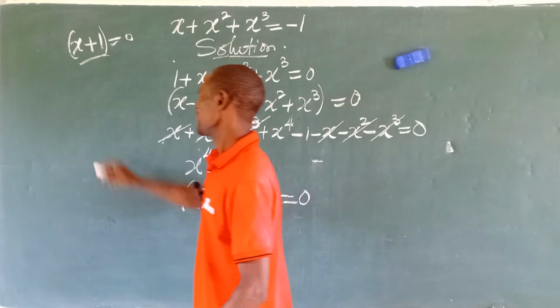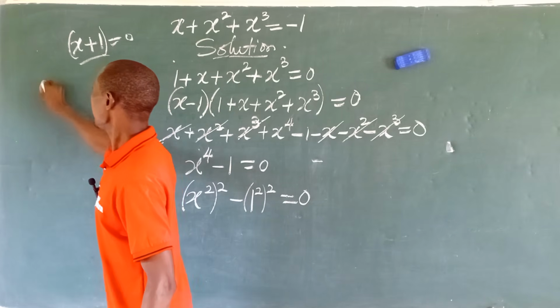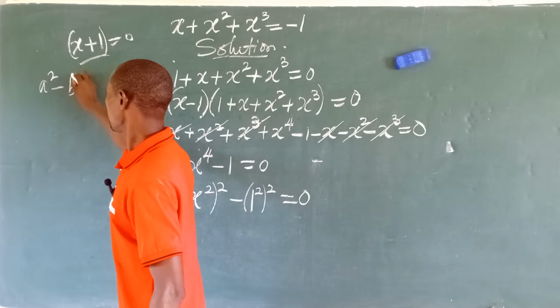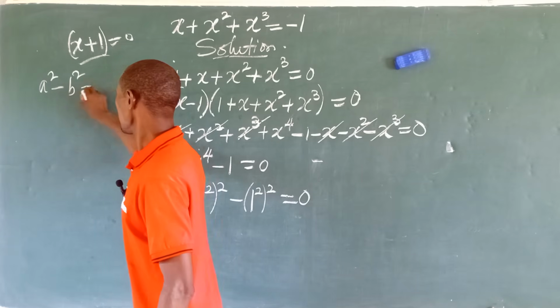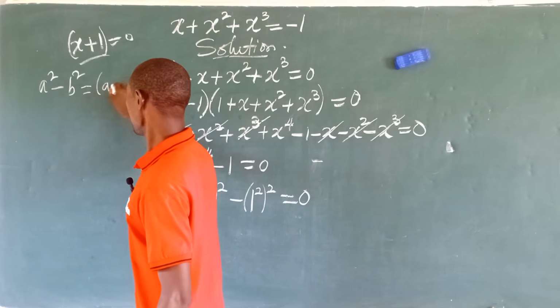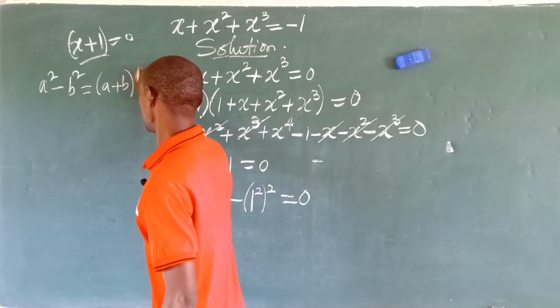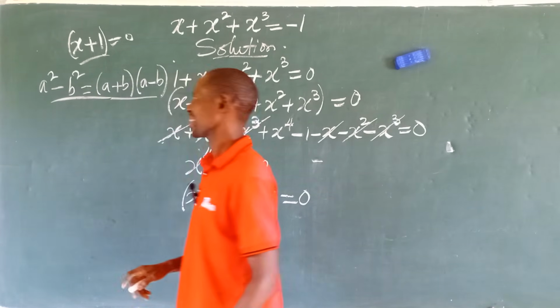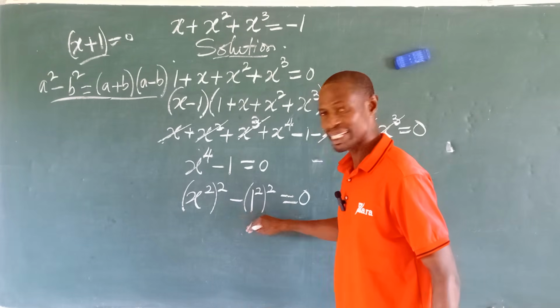So what does this say? It says that if you have a to the power of 2 minus b to the power of 2, this is equal to (a plus b)(a minus b). Good. So we can apply that here.